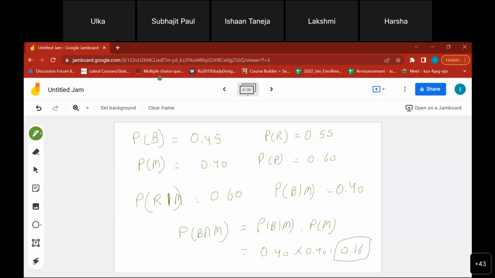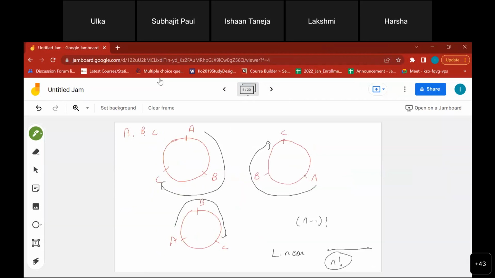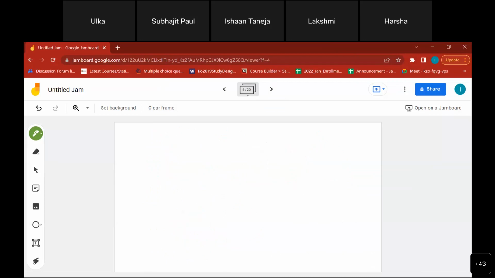Okay, so you are able to write it in terms of events and solve it also. Is this approach clear or any doubt in this one? It's clear. Let's move to another one.